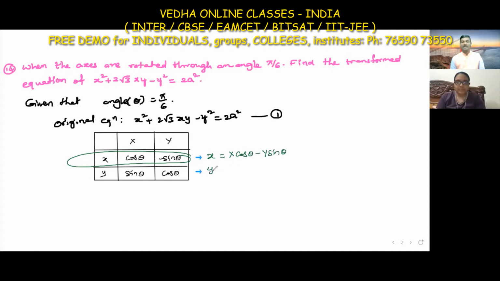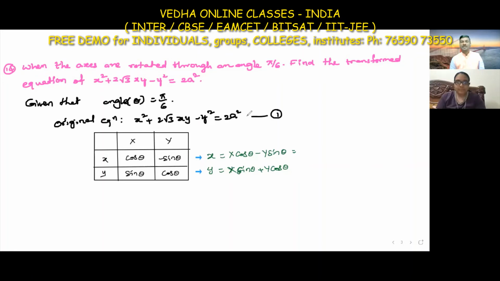And small y is capital X sin theta plus capital Y cos theta. Now we are going to use this formula, and the theta value is given as pi by 6.